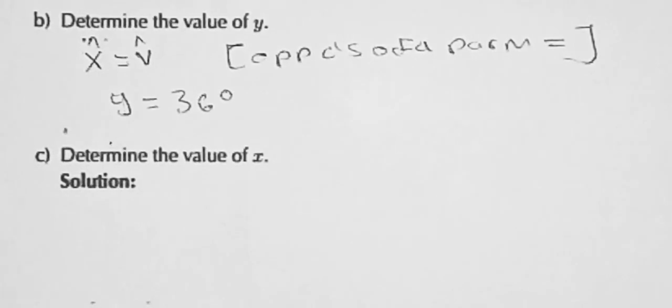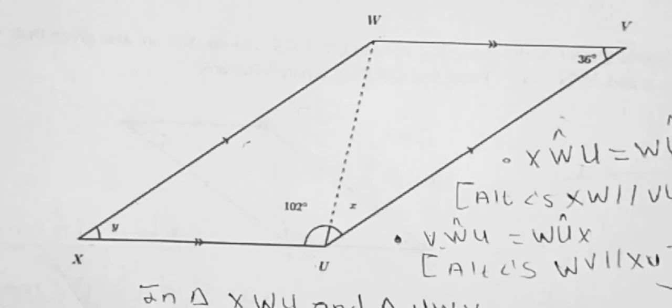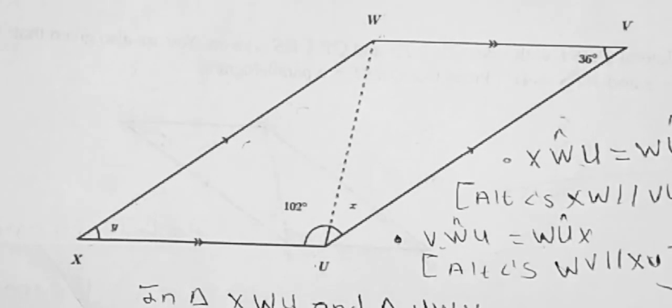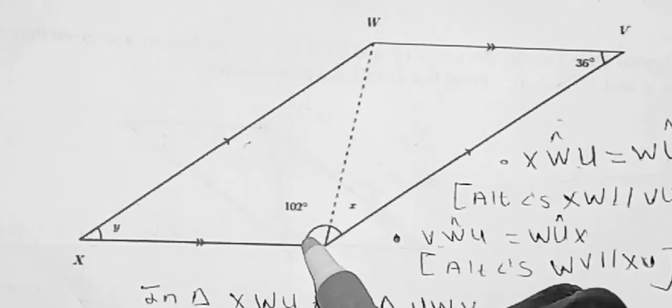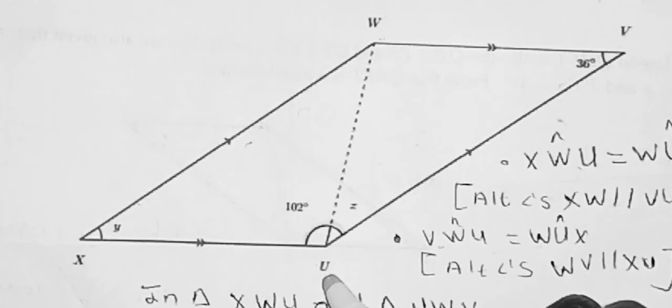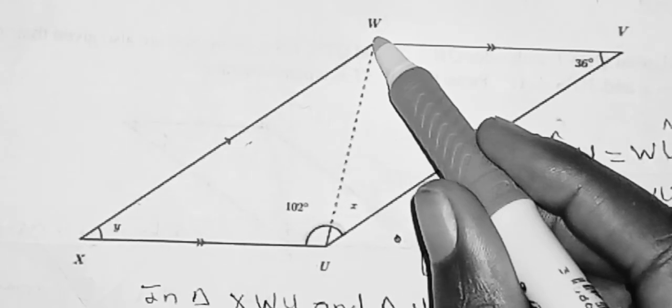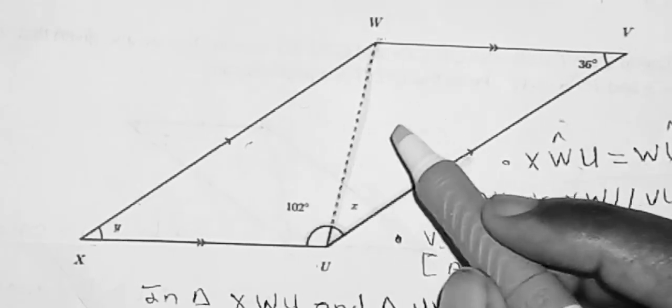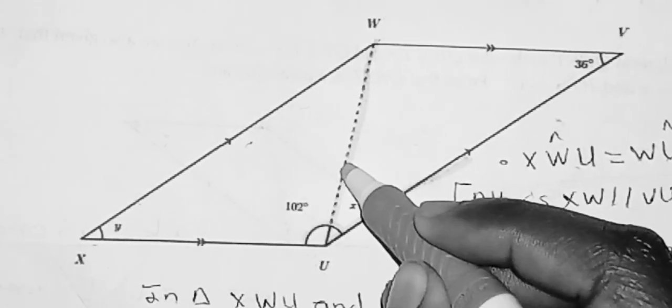So C said determine the value of x. So we want the value of x, because we know that 102 is the u angle, but we don't know this value of x, which is on this side over here.